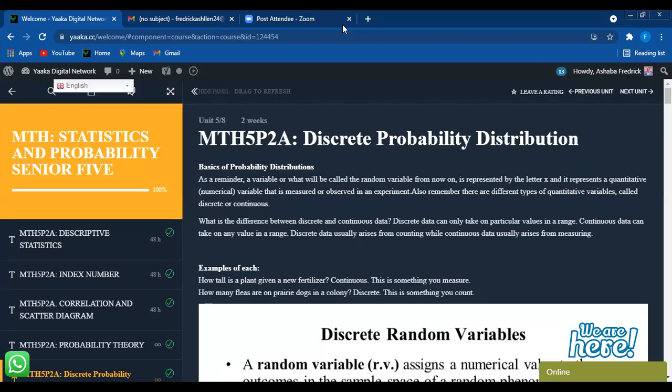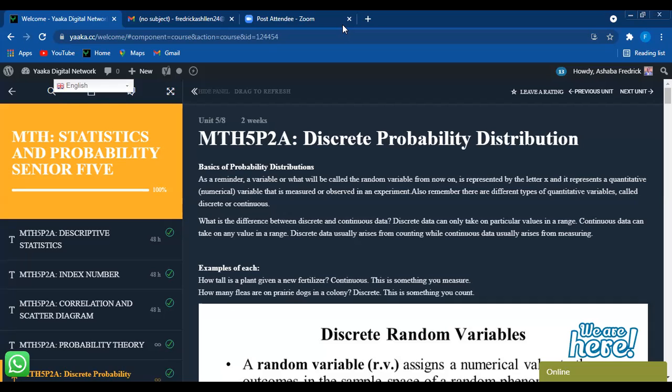That letter X will be representing a random variable, and it represents a numerical or quantitative variable. So we are going to be using it for numerical values like 0, 1, 2, 3, 4 onwards. That is when we are under discrete.